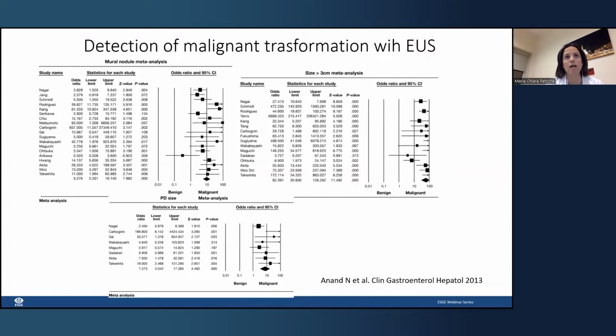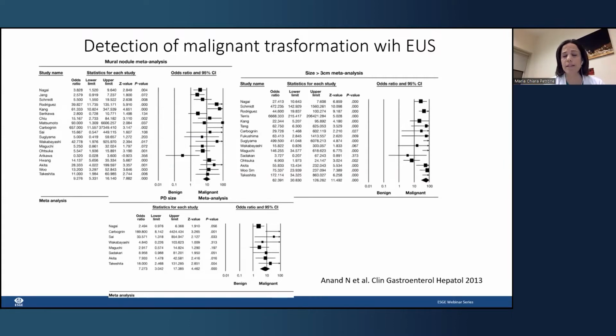This meta-analysis of cyst features and risk of malignancy in IPMN shows that cyst size, the dilation of the pancreatic duct, and the presence of a mural nodule are independent risk factors associated with malignant progression.